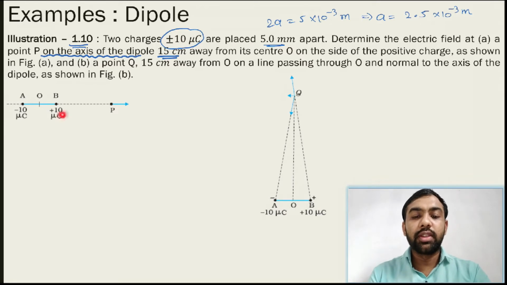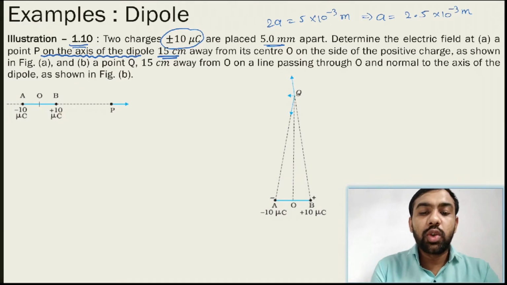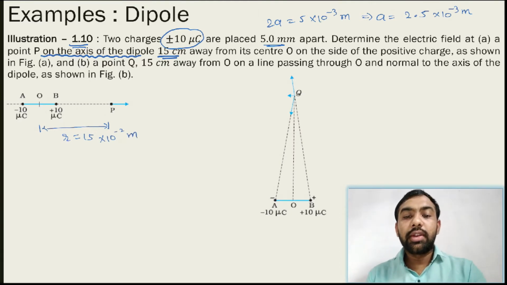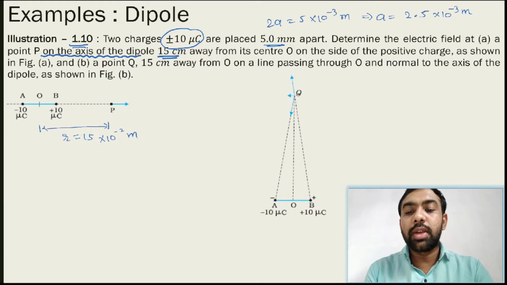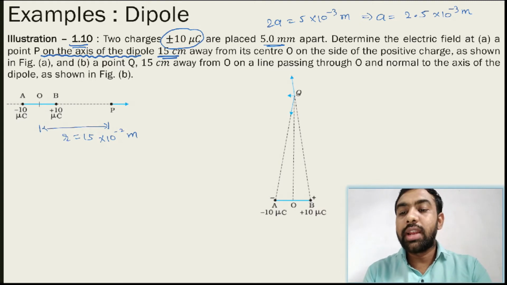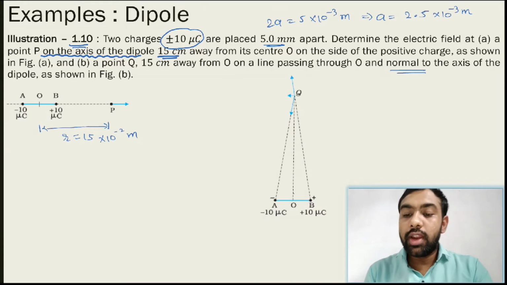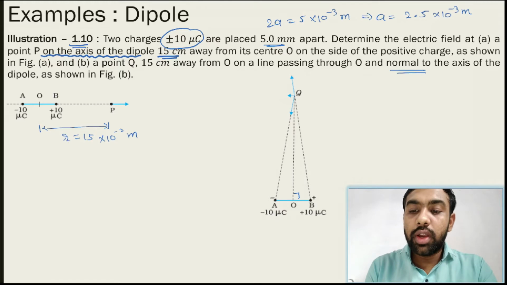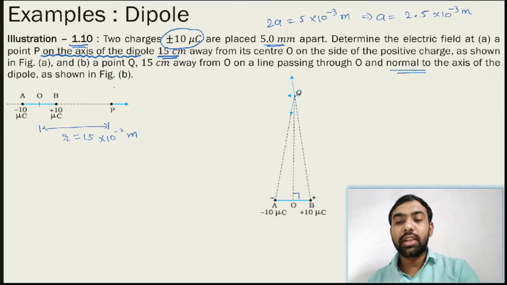Means this first figure. So what is this distance? R is equal to 15 into 10 raised to minus 2 meter. And at a point Q, which is 15 centimeter away from the point O, on the line passing through O and normal to the axis, as shown in figure B. So what is the electric field at this point?